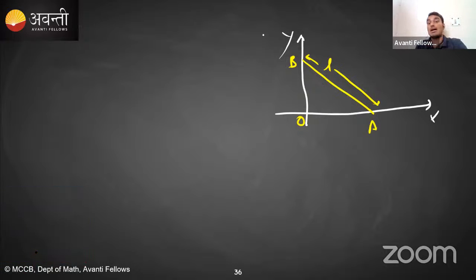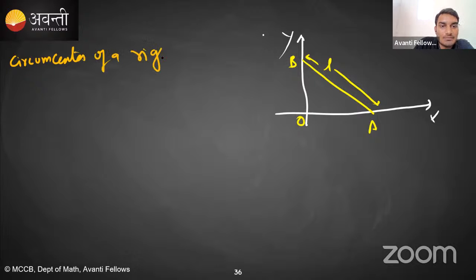So again you know that the circumcenter of a right angle triangle, what is it? Can anybody tell me? I just told you. The circumcenter of a right angle triangle is the midpoint of the hypotenuse.